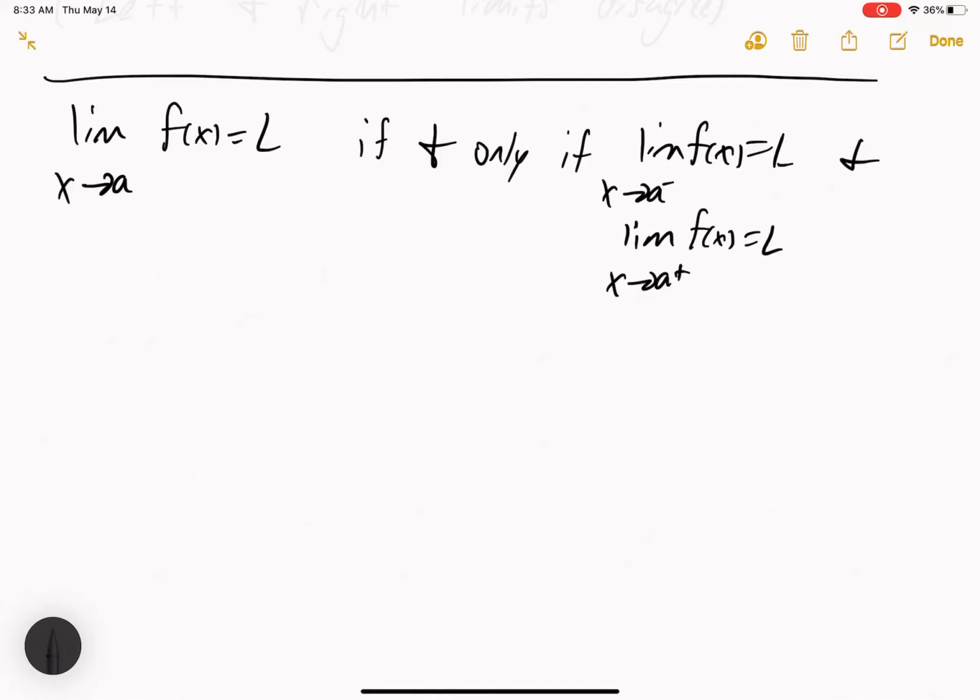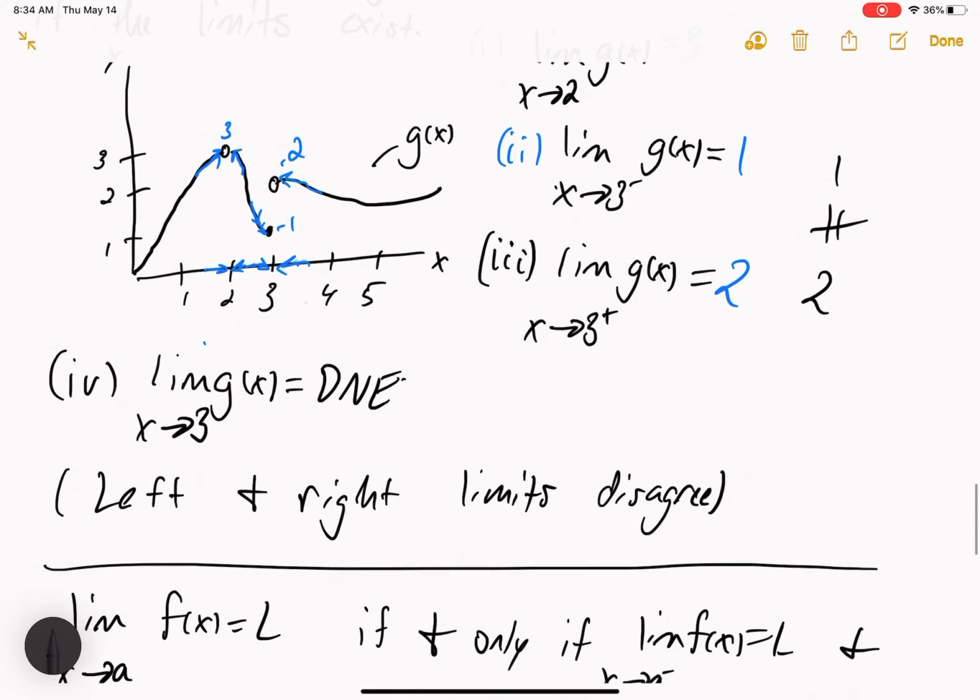So what they mean is that this limit exists if and only if these two limits exist and are equal to the same value. If they're not equal to the same value, then this limit actually does not exist. That's what we did above. Here we had a case where both of these were equal, when we approach 2, we both get the same value of 3.